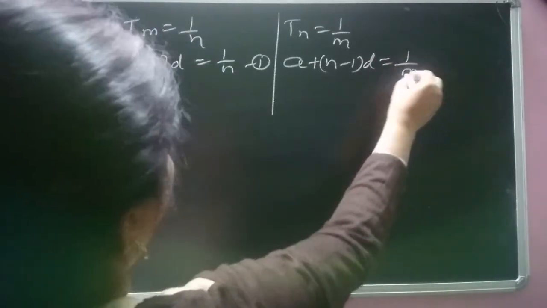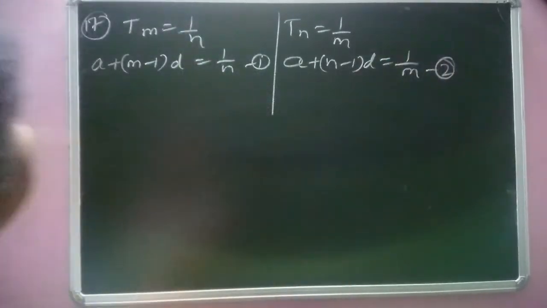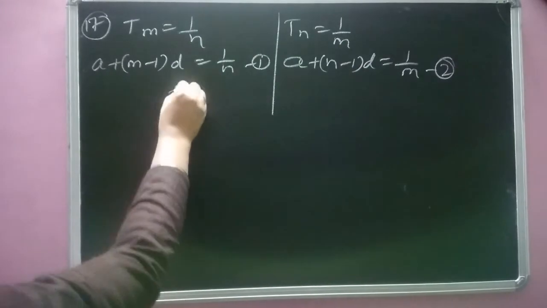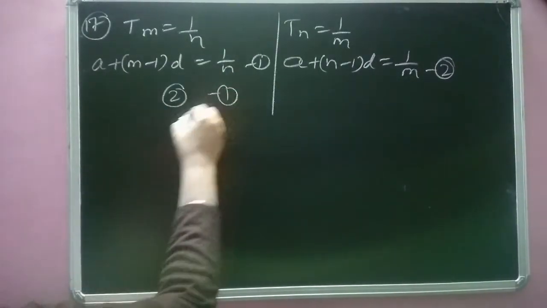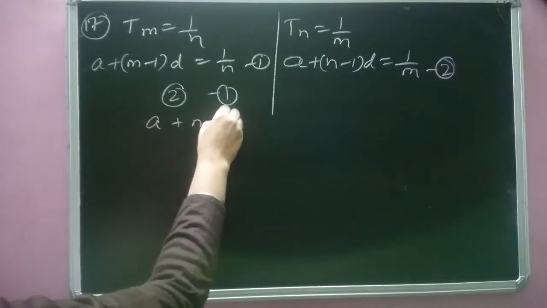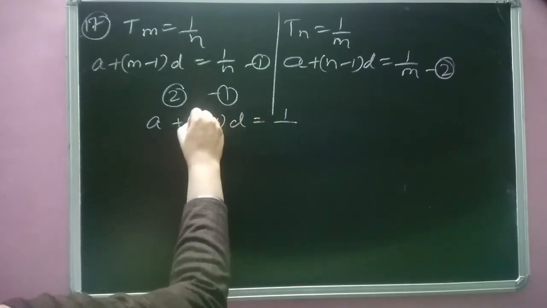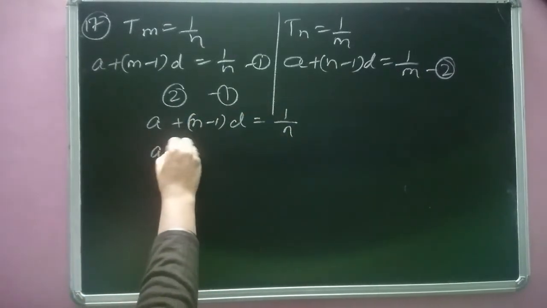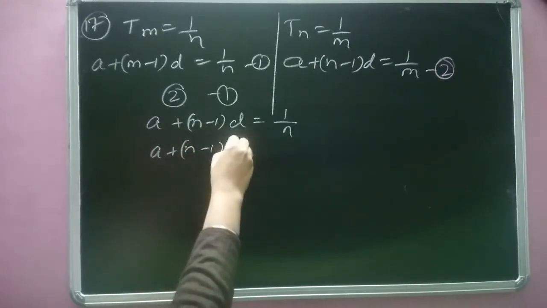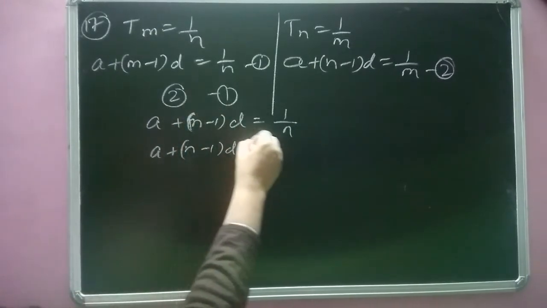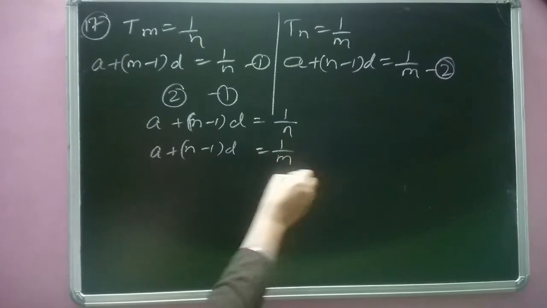This is 1 by m, the second equation. Now subtract the second from the first. So a plus (m minus 1) into d equals 1 by n, and a plus (n minus 1) into d equals 1 by m.